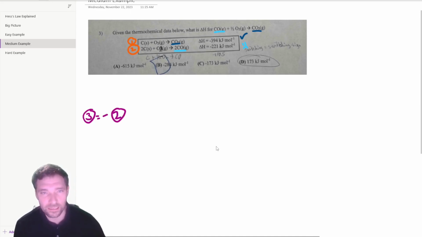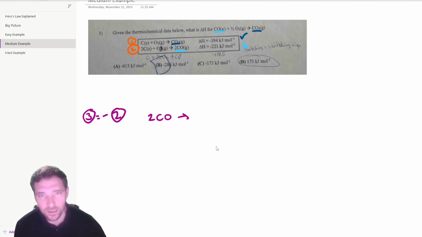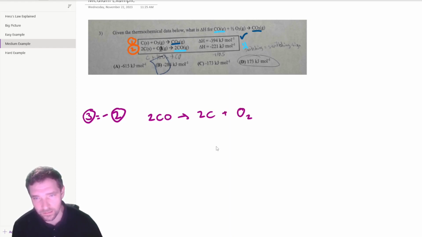So in that case, I'm going to take 2 COs and I'm just going to drop the states of matter because it's not as critical in this problem as what we saw in the last problem. I'm seeing 2 carbons and this oxygen written as just 1 mole.